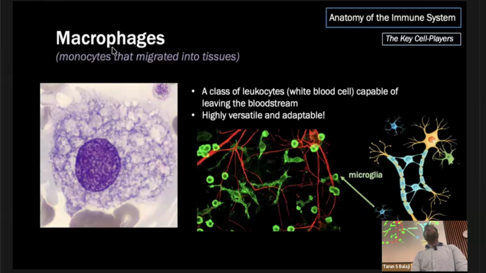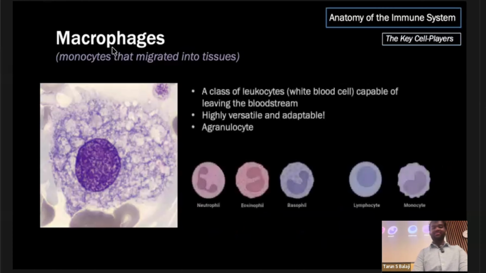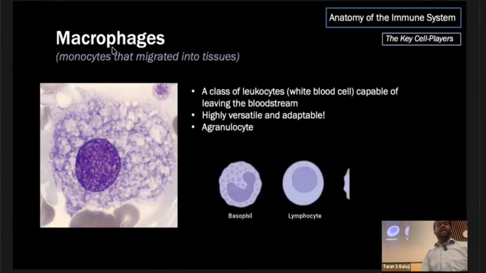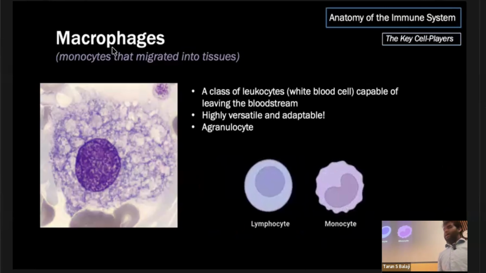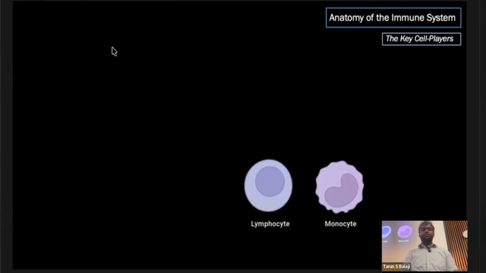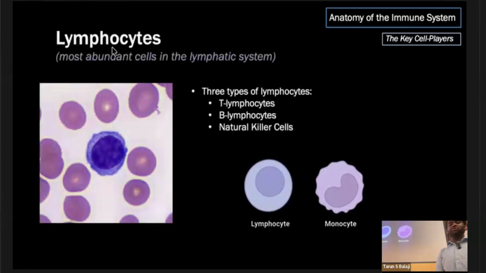You'll also see a bunch of these in your respiratory system, which is coming up. Wink, wink. So yeah, as we remember, these are agranulocytes. They've got super translucent granules. You just can't see them. And that's monocytes and macrophages. Let's look at the other category, your lymphocytes.